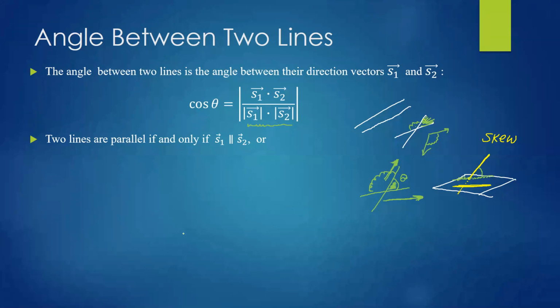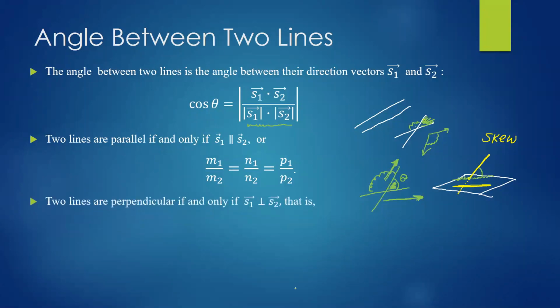In space, that does not happen. In space, we do not have a thing called slope. So we can only compare the direction vectors. And so if the direction vectors are collinear, that is, if the coordinates are proportional, then we have two parallel lines. No other way of checking. This is the only way of checking.